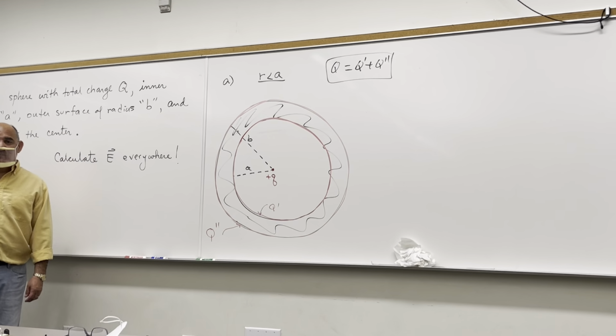So I'm going to draw it. So this is A, this is B, this is the conductor, right? I'm going to use red for the charges, so I have q here, plus q, and then I have Q prime here, and I have Q double prime there. Yes?